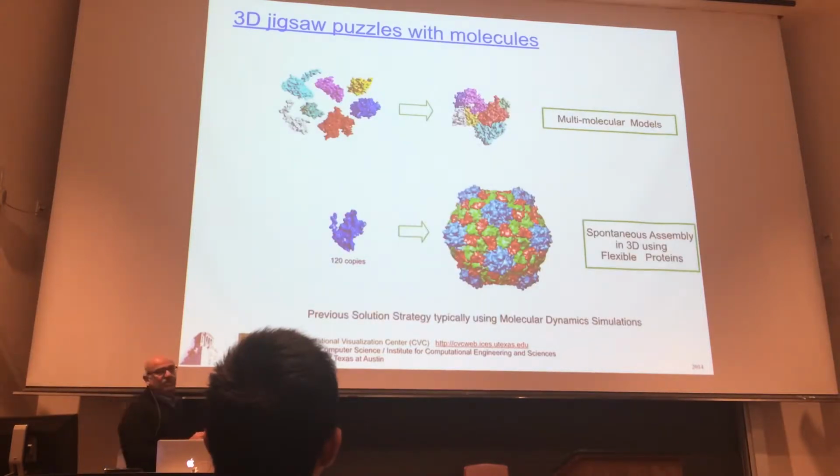In the molecular world, where this is also very apparent, multimolecular models exist all the time, because multiple proteins or RNA or other molecules come together to perform a certain activity in a certain process. And there's this other notion of spontaneous assembly.